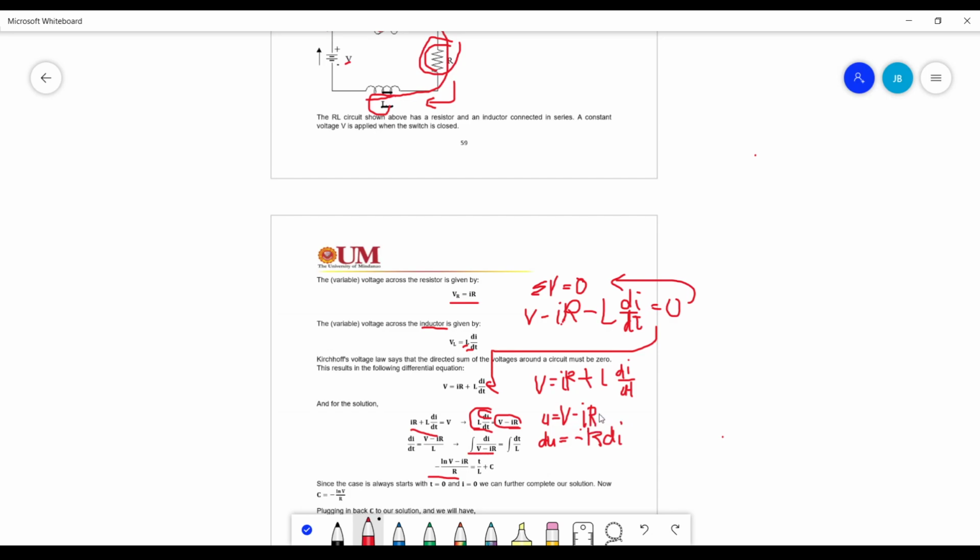R is a constant as well, and the derivative of I is just di.